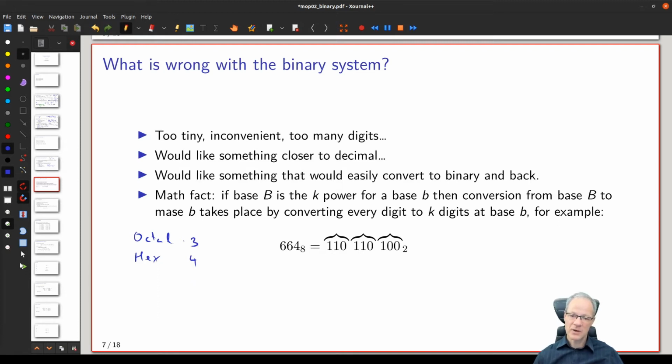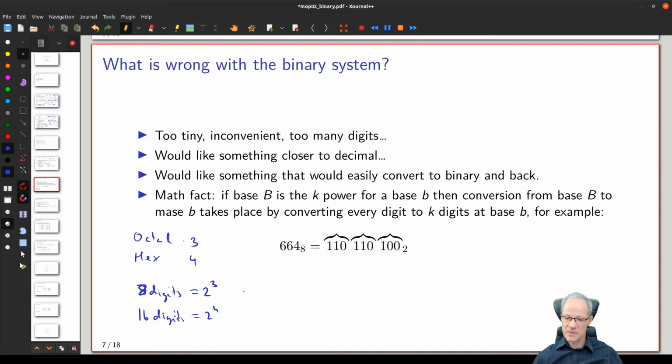Why is that? Because in octal system, we have 8 digits, which is the same as 2 to the power of 3. For hexadecimal, we have 16 digits, and again, it's 2 to the power of 4. Same principle.